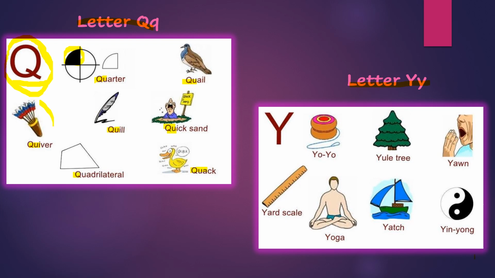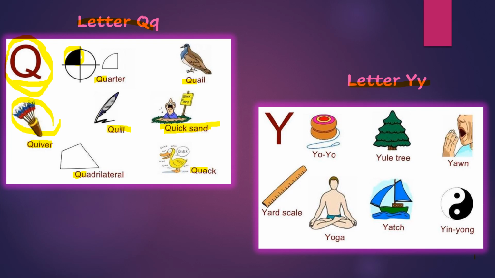Oh, we're over here, and that is called a quiver. Next, we have a quill. That's a duck feather, a quill, or actually it's a writing pen, which was a feather, yes. This is quicksand.